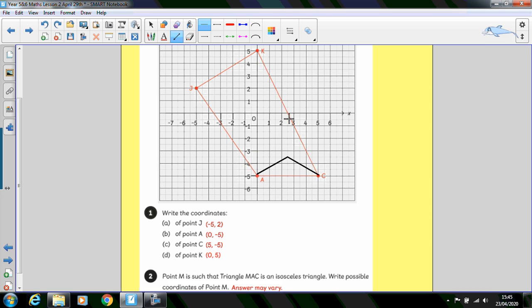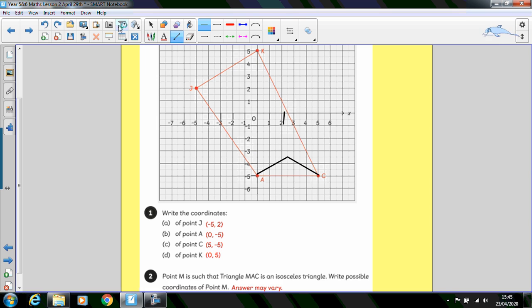We would have an isosceles triangle apart from 1, 2, 3, 4, 5, whereby this length here would be 5. So you could have point M being 2.5 along and then -2, or 2.5, -1, or 2.5, 0, or 2.5, 1.